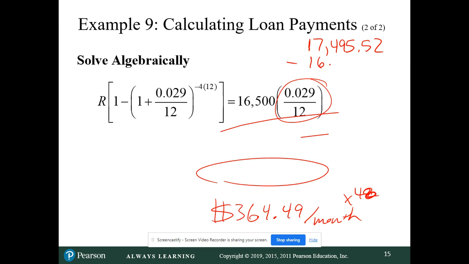If we subtract $16,500 from this, he's paying 995, actually a little over that. It's 995.52. That's how much extra he's paying just by getting the loan, just the interest amount. Okay? Are we good?